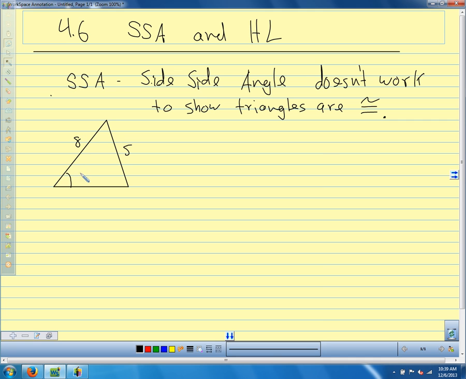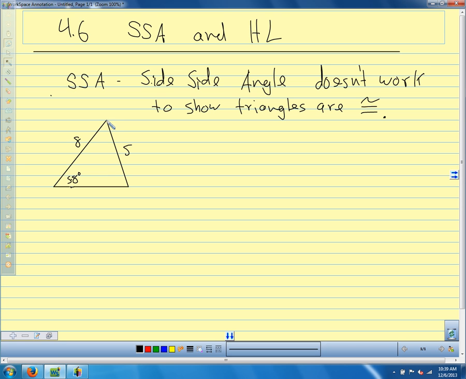I don't know what this side would be, say 58 degrees. So now I'm going to draw another triangle that has side length 5, side length 8, and a 58-degree angle that is not congruent to this one.